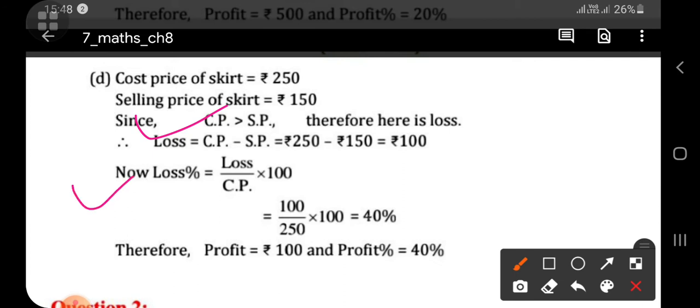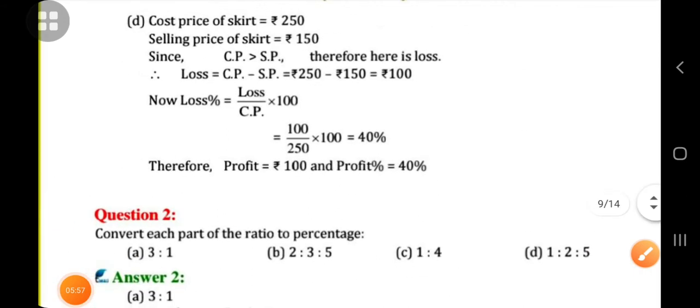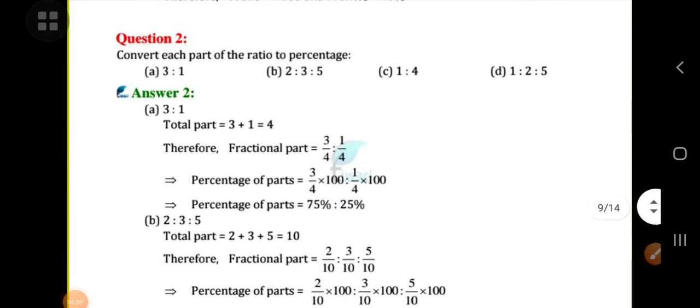Loss percentage is equal to loss upon cost price. 100 divided by 250 multiplied by 100, so it's 40%. So almost the formulas are the same.